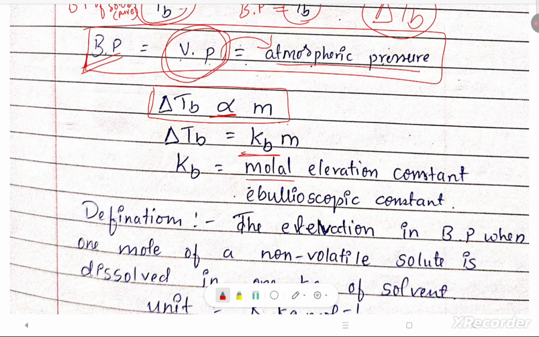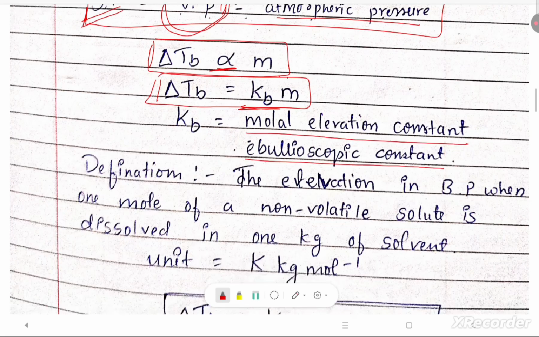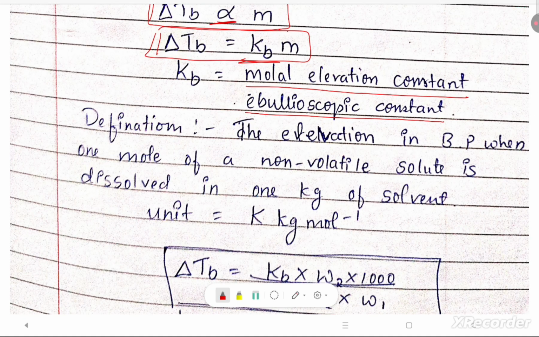Kb is called the molal elevation constant or ebullioscopic constant. So this formula you have to remember. They may ask the definition of Kb, define molal elevation constant or define ebullioscopic constant. If they are asking this definition, you should write this definition.